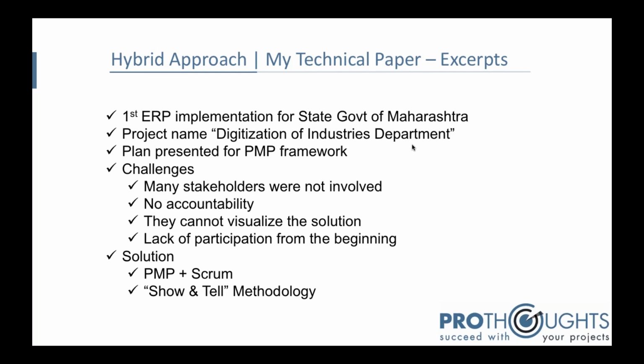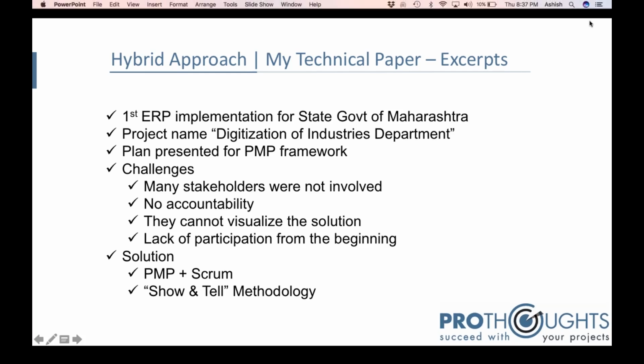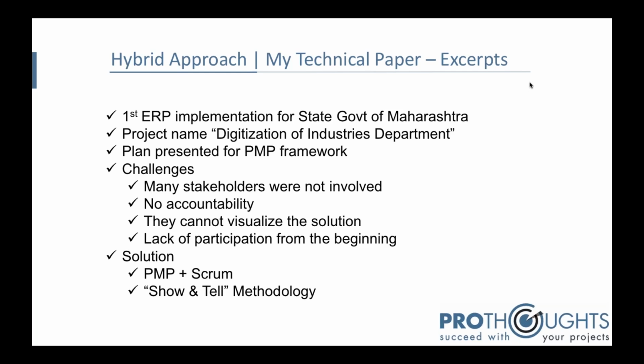For example, for the portal development, which is a huge portal, we started building one functionality after the other, and we slowly introduced the Scrum way of working for that particular project. So some of the modules we did in the traditional way, and some of the modules we did in the Scrum way.